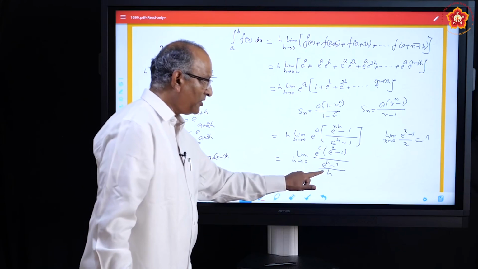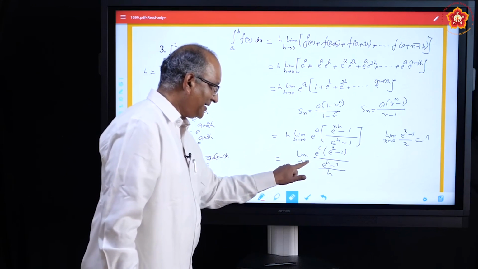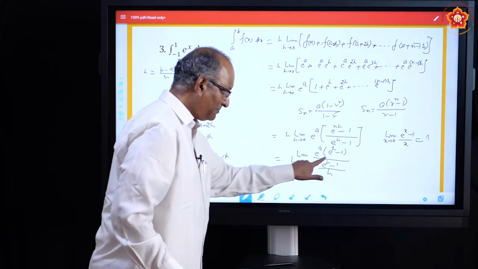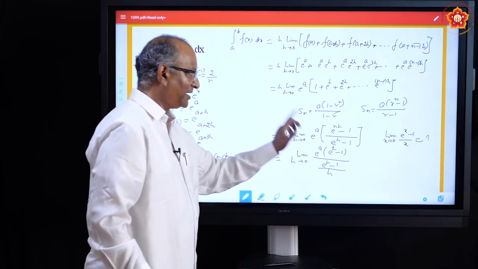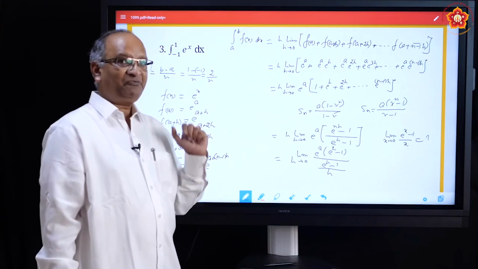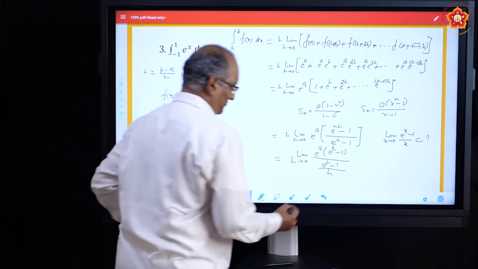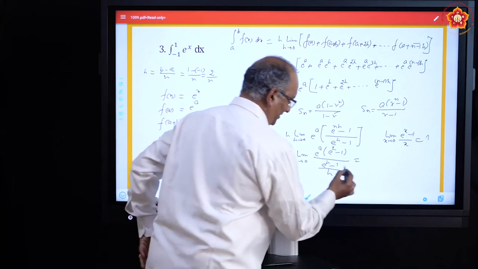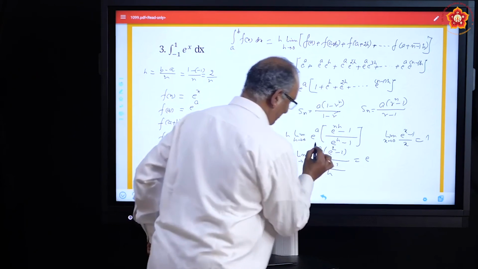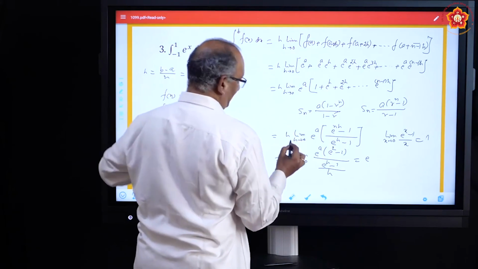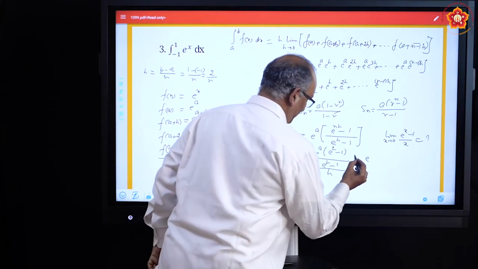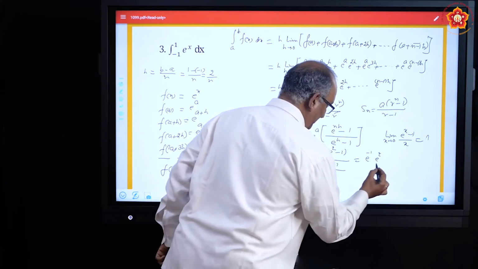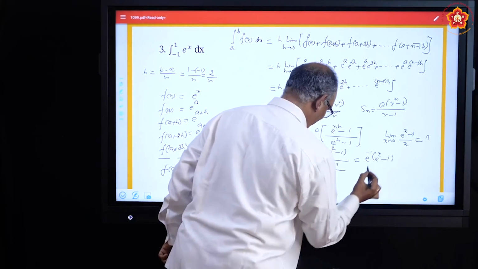When you use it for the denominator, e to the power h minus 1 by h, this whole denominator will become 1. What will you be left with? When you proceed to the limits, there is no h in the numerator. You are left with e to the power a. What is a? a is the lower limit. So e to the power minus 1, times (e square minus 1).